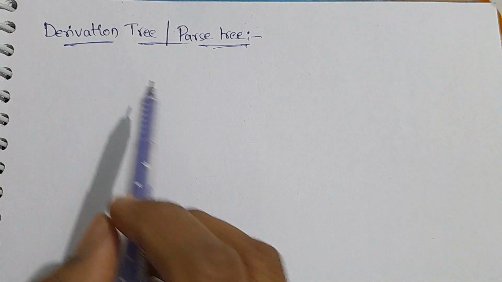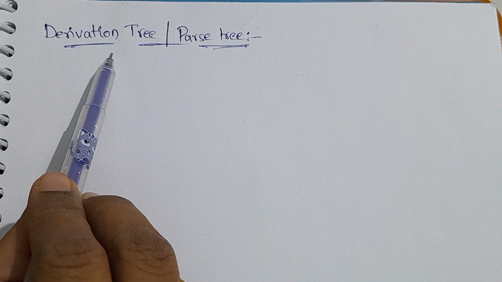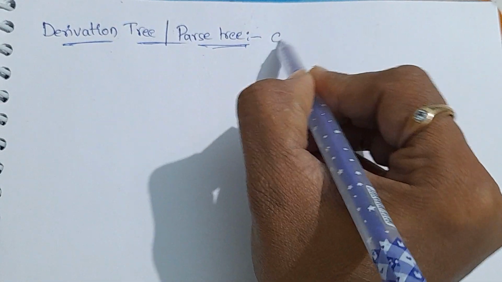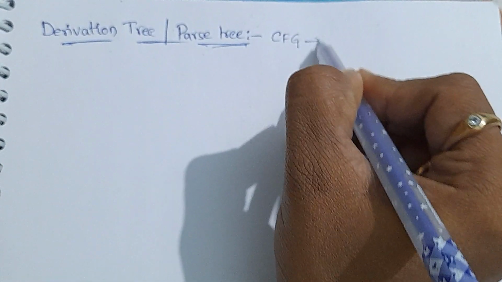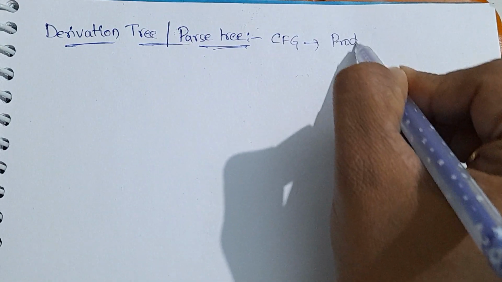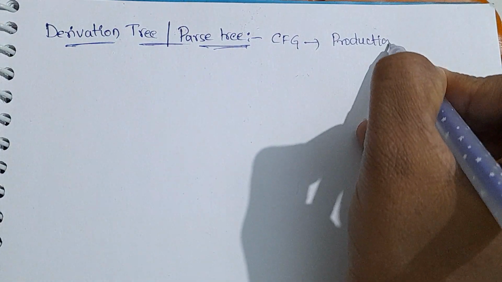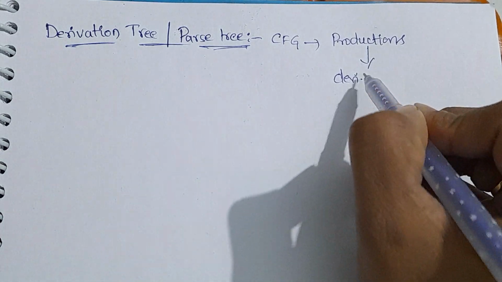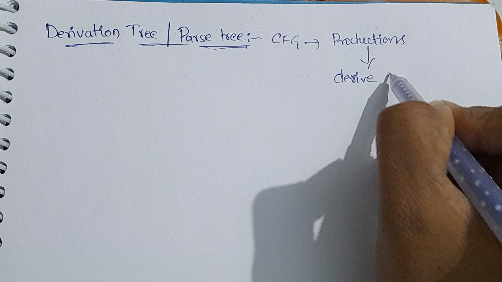Now in this lecture we are trying to learn what is a derivation tree or a parse tree. Whenever a context free grammar is given, it contains some productions, right? Based on these productions we are trying to derive one particular string.